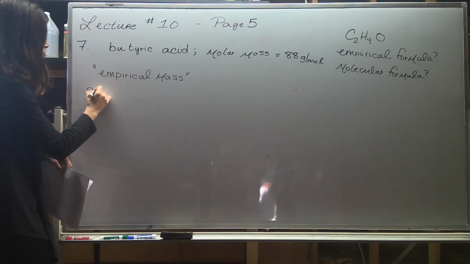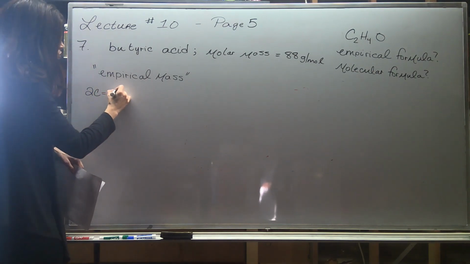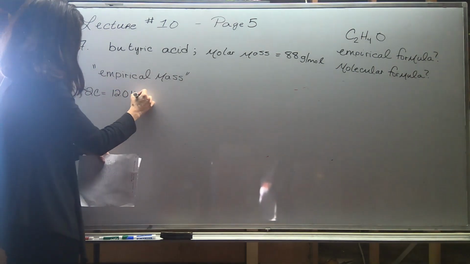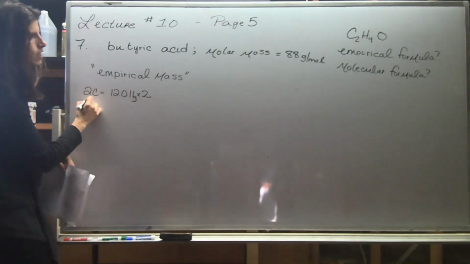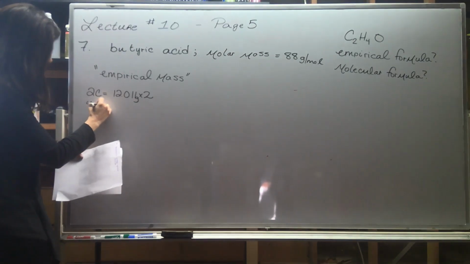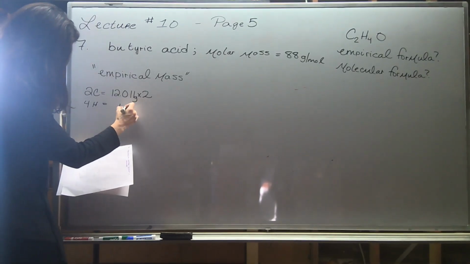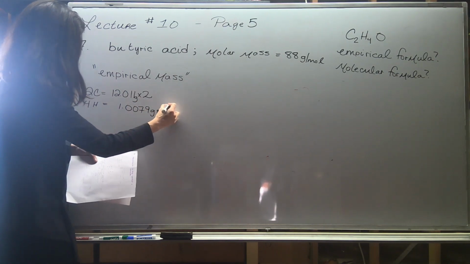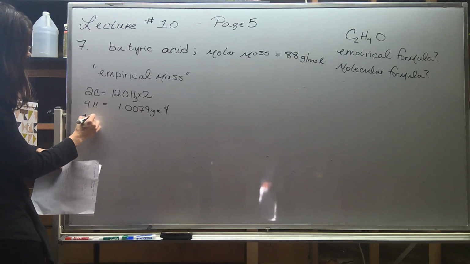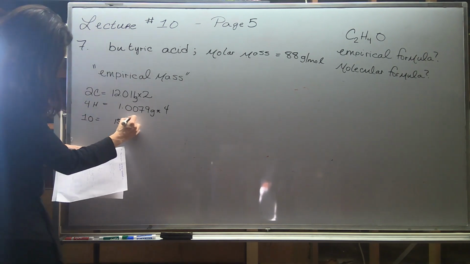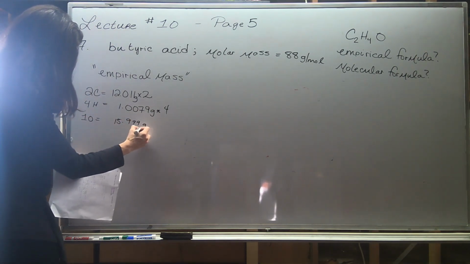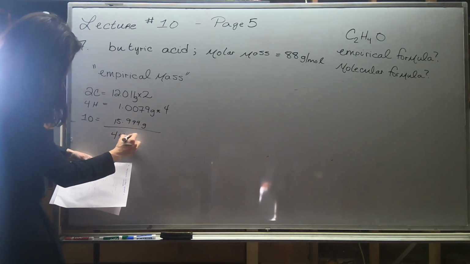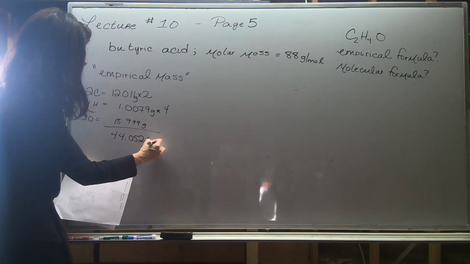So I have 2 carbons, so 12.011 times 2, some grams in there, 4 hydrogens, and 1 oxygen. When I add that up, I get 44.0526 grams in total.